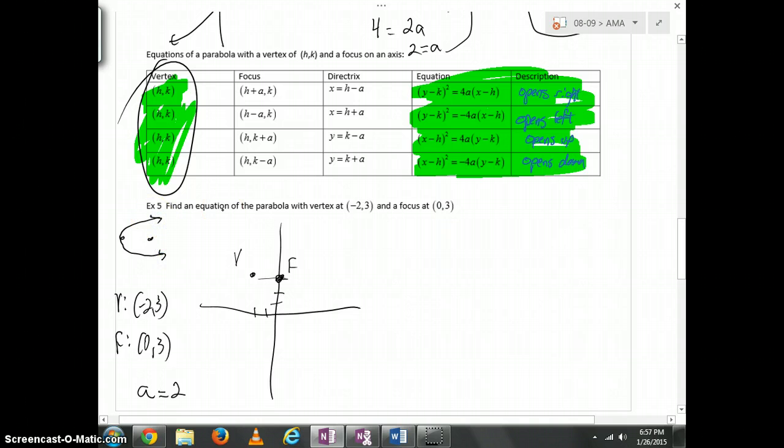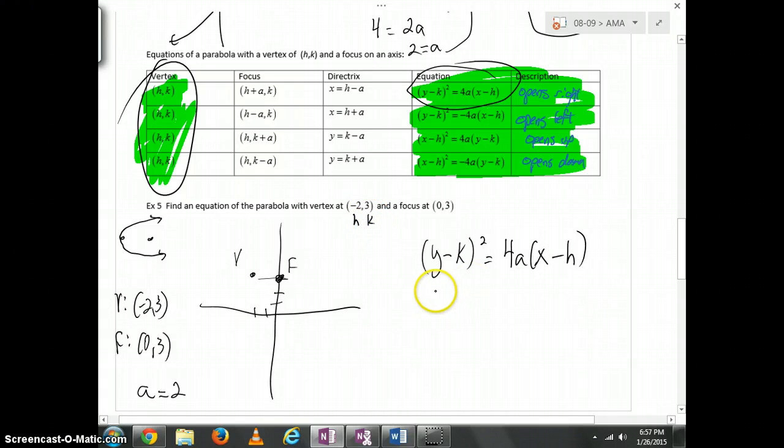Now, if your parabola is opening up towards the right, it's this very top entry that we see. We will have y minus k, quantity squared, would equal 4a times x minus h. Very quickly, we know that our h is -2, our k is 3. We would have y minus 3, quantity squared, equals, we'll deal with this a in just a minute, 4a, this would become x minus negative 2.